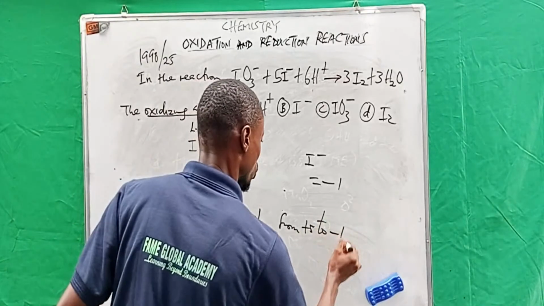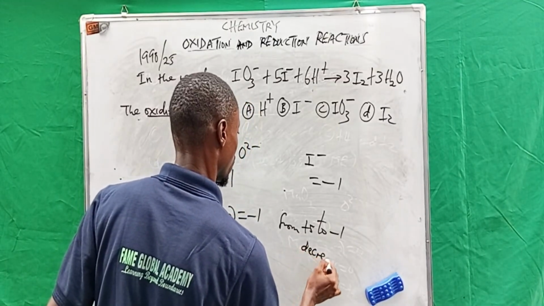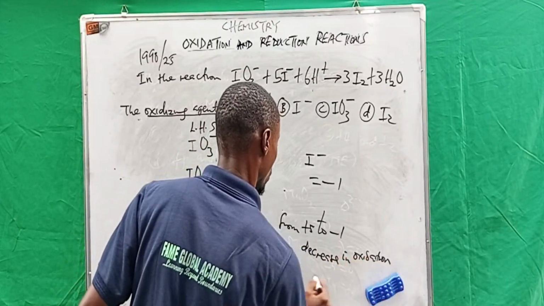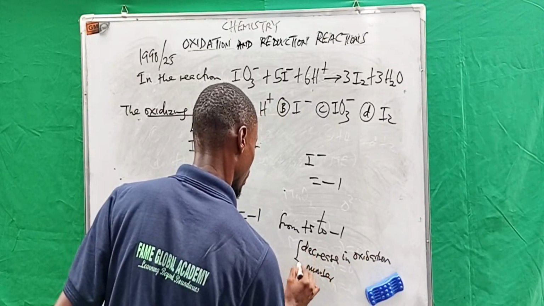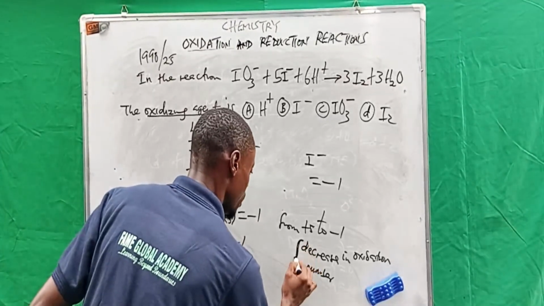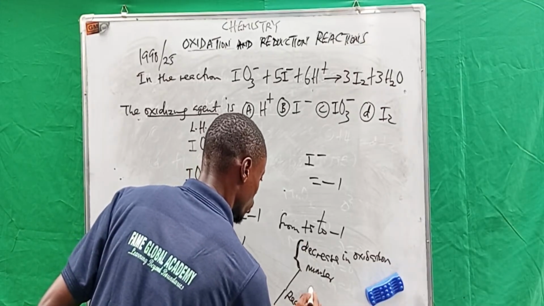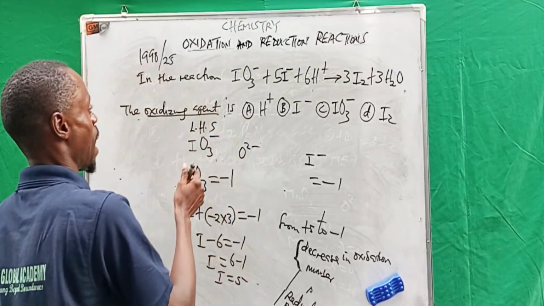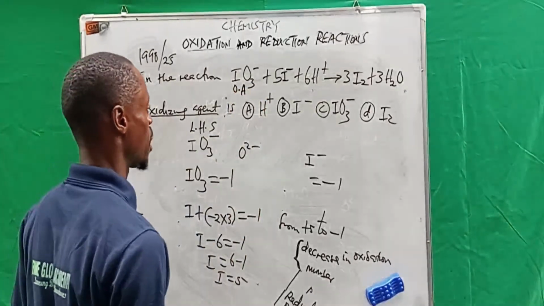You agree with me that there's a decrease in oxidation number. And a decrease in oxidation number is what we call reduction reaction, which is exhibited by an oxidizing agent.